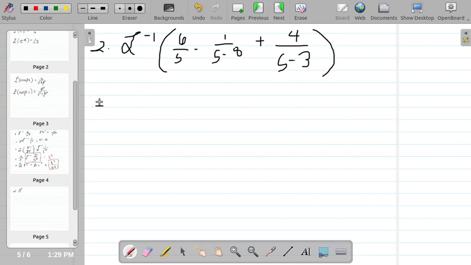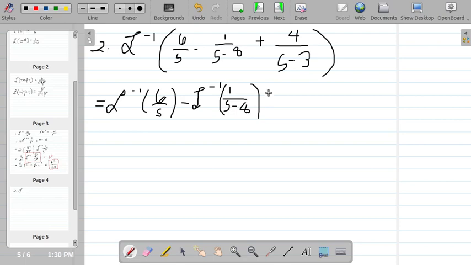To solve this equation, we can separate the terms. The inverse Laplace of 6 over s, minus the inverse Laplace of 1 over s minus 8, plus the inverse Laplace of 4 over s minus 3.